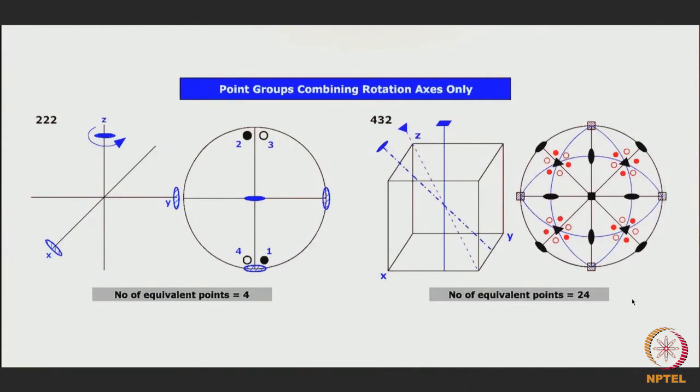Now, we would like to discuss point groups which combine only rotation axes. So, this is a case where we have a point group which is denoted as 2 2 2.